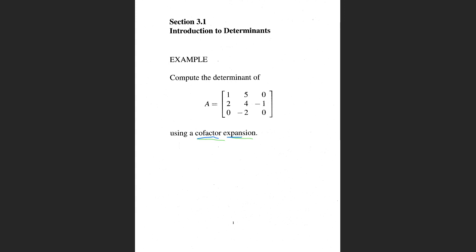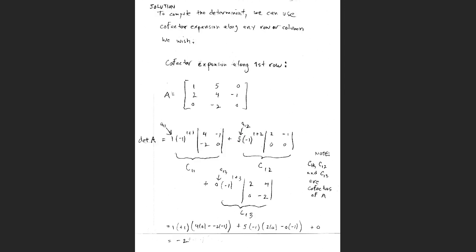First of all, with cofactor expansion, you can expand along any row or any column to compute the determinant of a matrix. So to compute the determinant, we can use cofactor expansion along any row or column we wish.